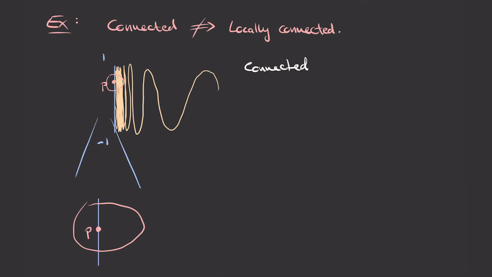And well, now this sine 1 over x will intersect this ball repeatedly, and it always gets finer as it approaches the blue interval. Now, in order to show local connectivity, I would have to be able to find some open set containing P that is contained within the red set, and this open set has to, in addition, be connected.